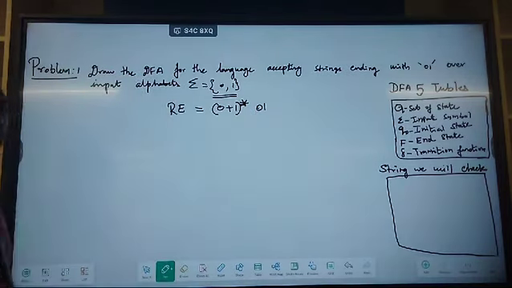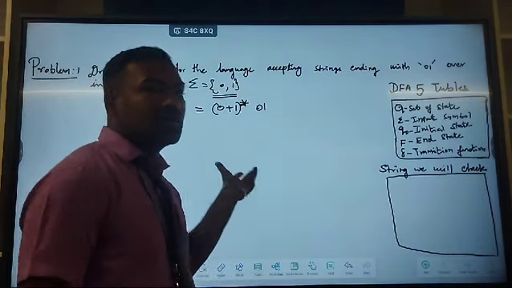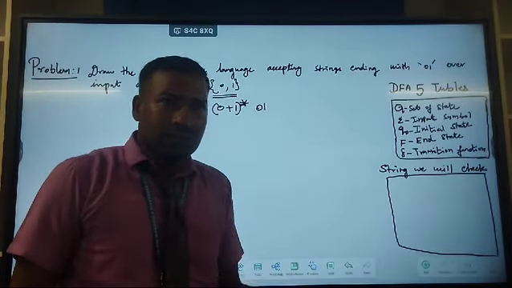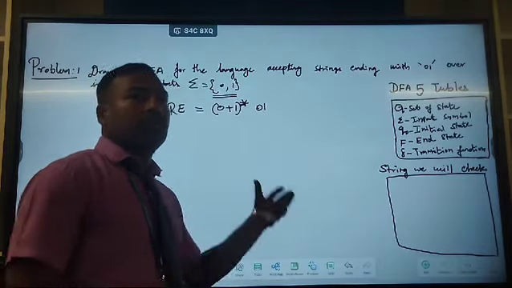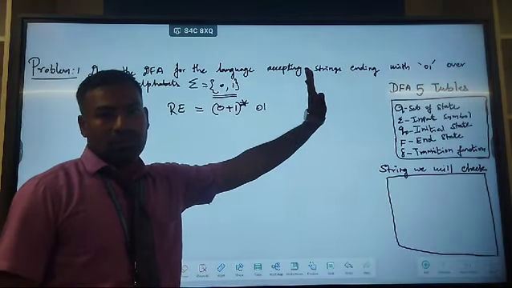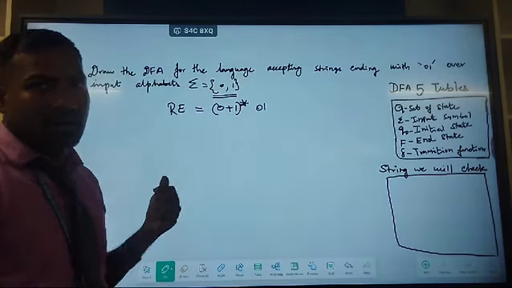This is the regular expression. So after we discuss the regular expression also, you are able to design the diagram. But in this problem, they have straight away given the input and the string generation. So we are going to design the diagram.